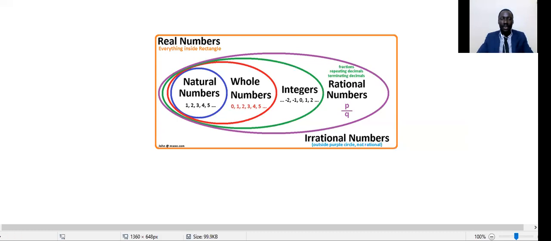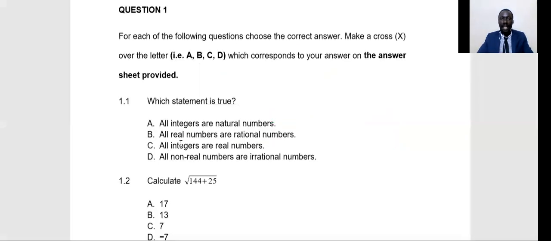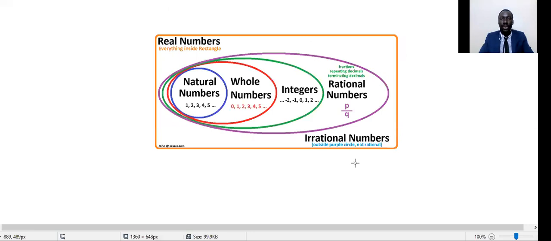Now when you look at part C, they're asking, are integers real numbers? As I indicated earlier, integers are numbers that we use on number lines, and these numbers are continuous. For example, from 0 you go to -1, then -2, and from -2 we can continue to -3, -4, -5, -6. They keep on decreasing like that.